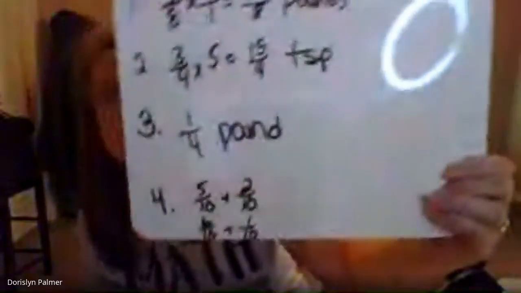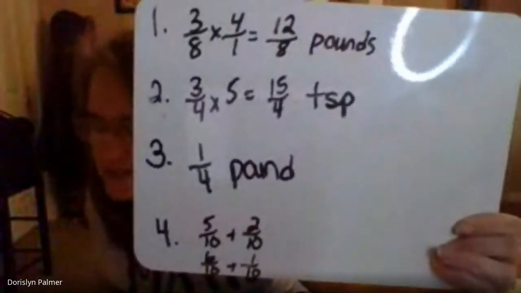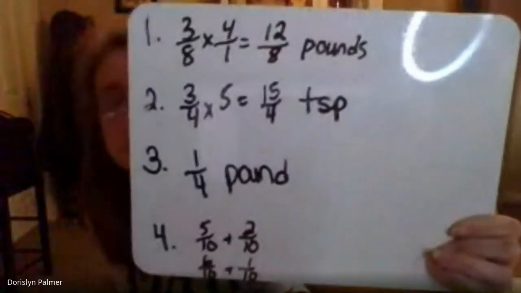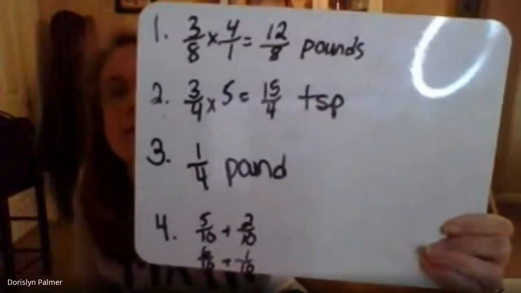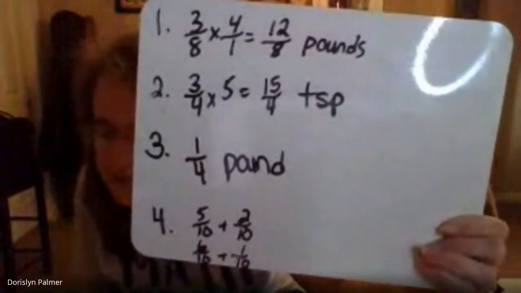Okay. We'll put that up there. 5/10 plus 2/10, 6/10 plus 1/10. All right. Okay. Number 5 goes to David S. Lance wants to find the total length of 3 boards. He uses the expression 3.5 plus, in parentheses, 2 plus 4.5. How could he rewrite that using the associative and the commutative properties?